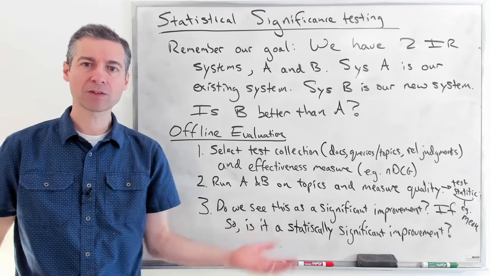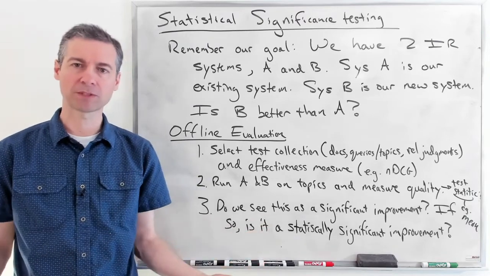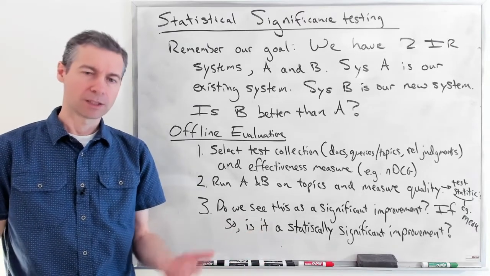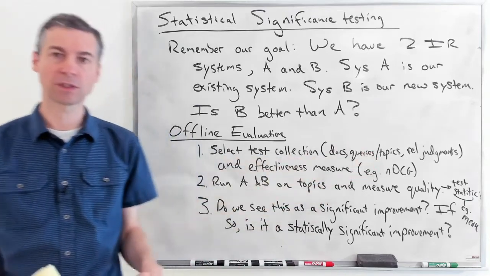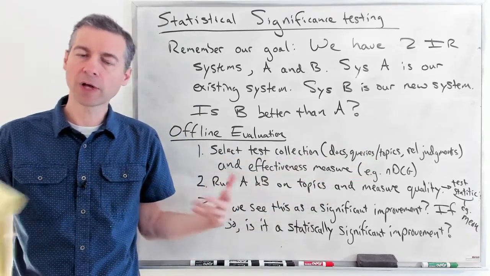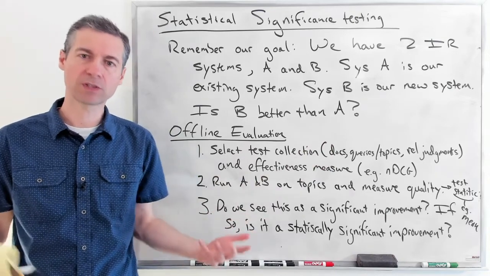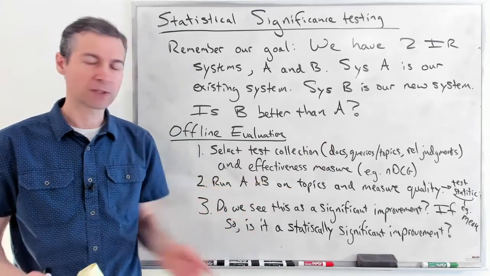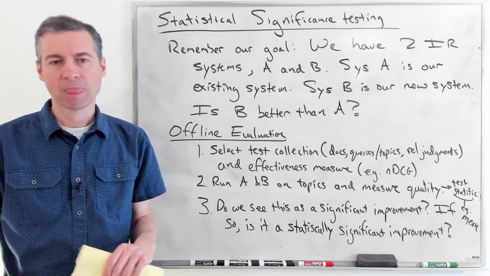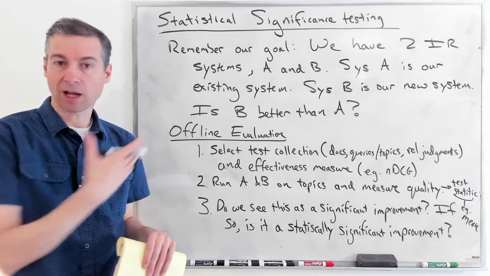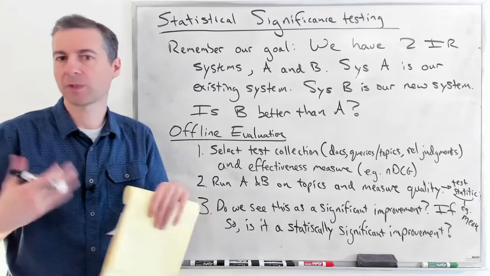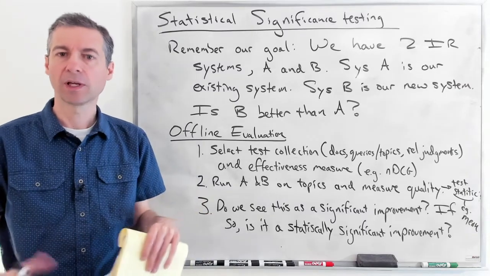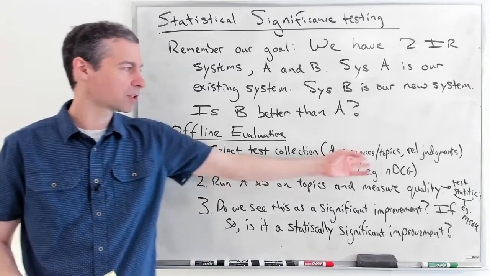How many of the queries, across how many of them is it better? Maybe as we build up more and more of these topics, we'll have more evidence and more faith in our understanding about whether B is actually better than A. So while it's obvious at only one query that it could just be a fluke, it could just be that it's better on that topic, the same holds true even as we increase this.